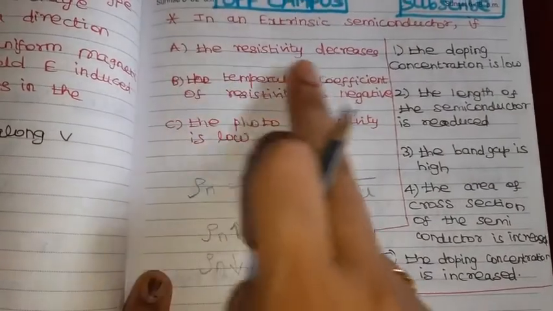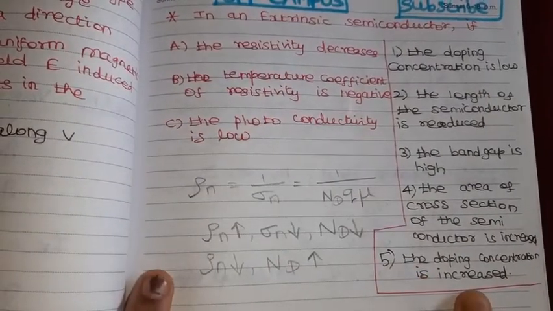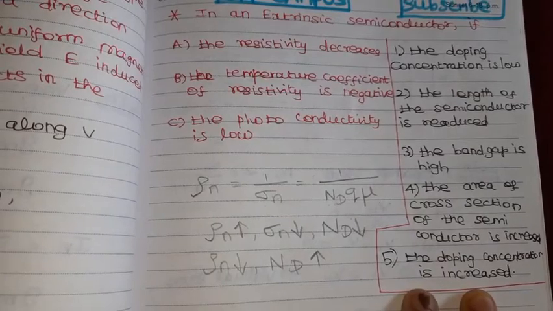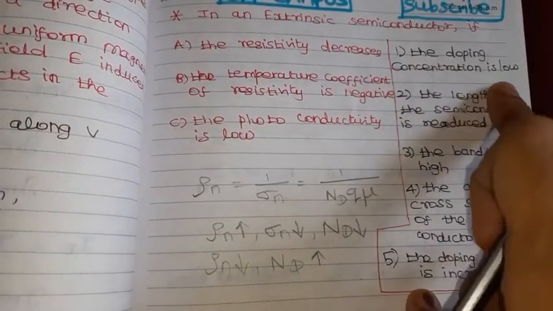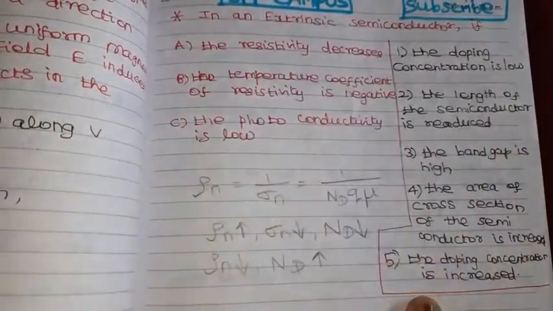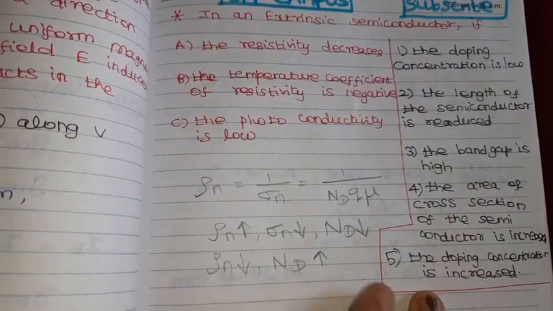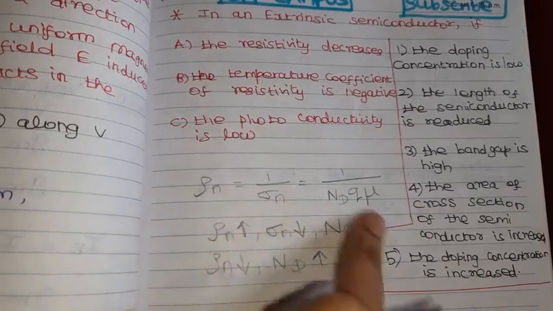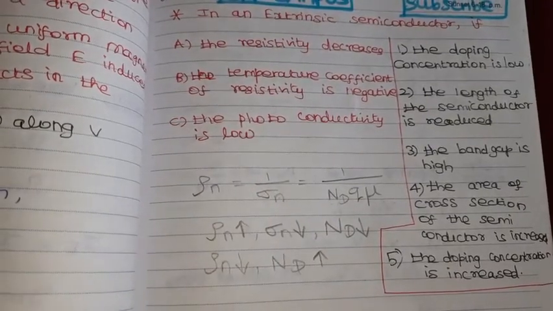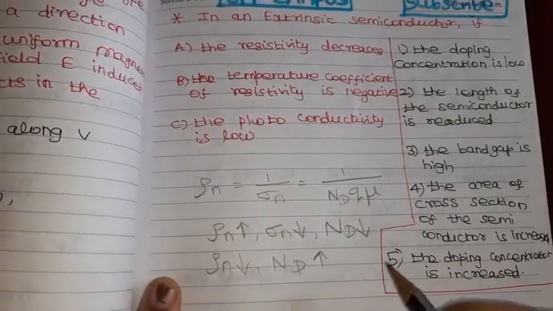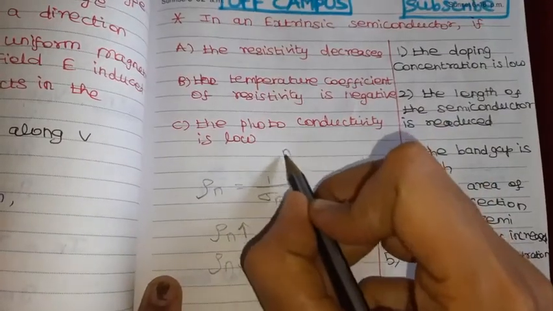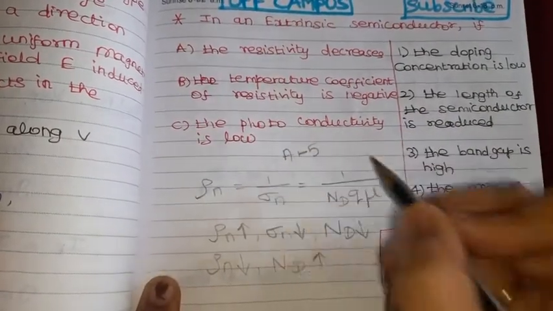So resistivity decreases, doping concentration is increased. Here, "doping concentration is low" is wrong. Whenever the resistivity decreases, the doping concentration is increased because they are inversely proportional. So A matches with 5.